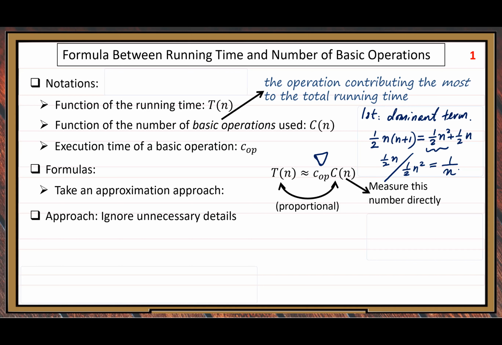So here I try to convince you: when we ignore minor terms, don't worry, we're fine. Because when n equals 10,000, we do not treat 10,000 as a very large number in our computation.